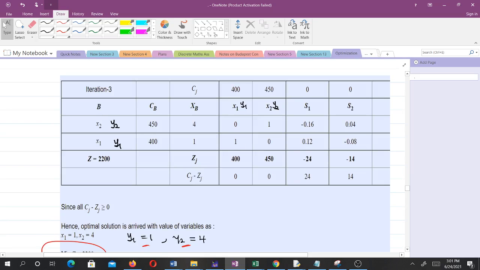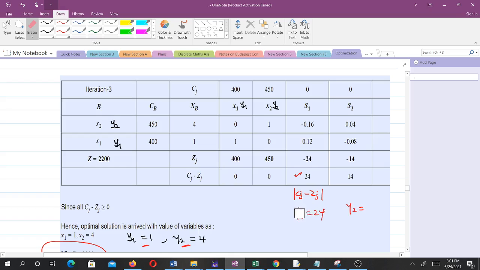We see that for the dual problem, the x1 value is the value for s1 at cj minus zj. We always take the absolute value of it. So s1 corresponds to the value for y1. So y1 is equal to what? It's 24. And y2 is equal to what?